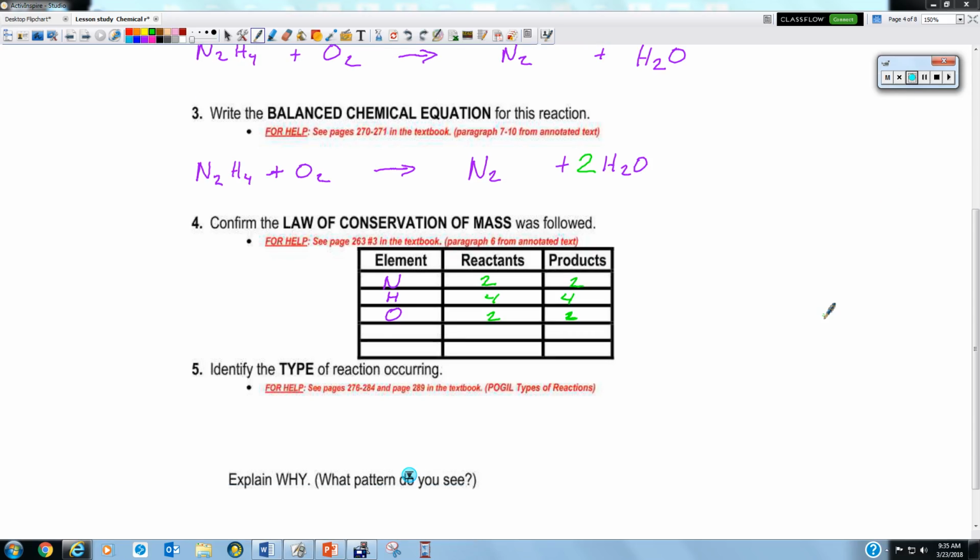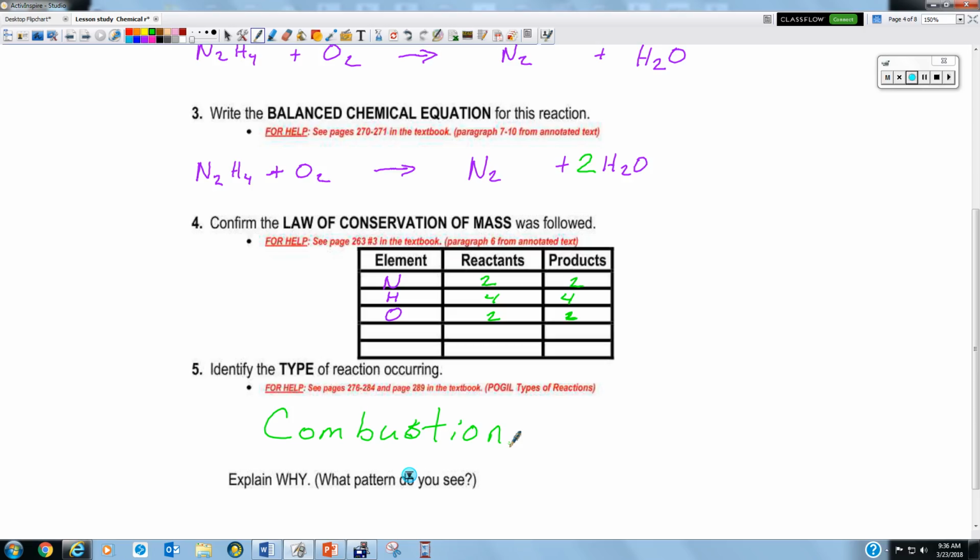What would we name this type of reaction? When we react something with oxygen, what is it going to be called? Combustion. All right, this is not an organic combustion, so the products are not H2O and carbon dioxide.